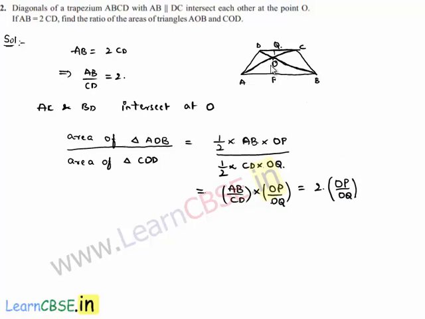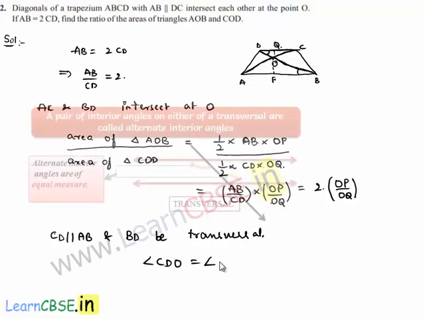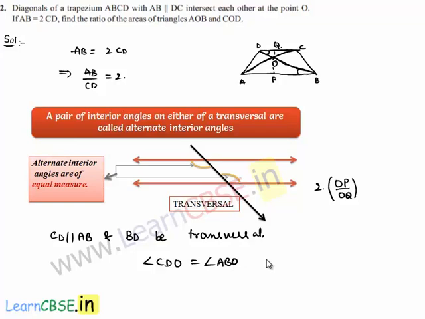Now if we consider triangle AOB and triangle COD, let us assume that CD is parallel to AB and BD is transversal. Then angle CDO is equal to angle ABO because they are alternate interior angles.